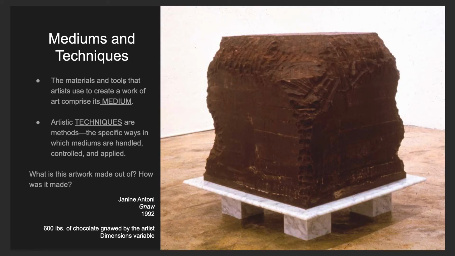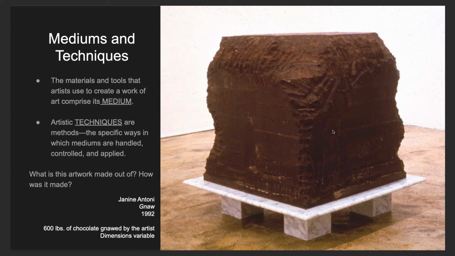All right, mediums, techniques. So medium is what the material is made out of. Technique is how the material is handled. So the medium for this is chocolate, and then how it's handled for this piece, the artist Janine Antoni, she chewed on it, she gnawed on it. So she cast the chocolate into a big cube and then started eating it.